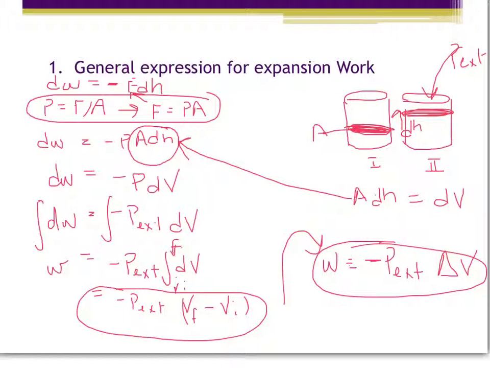So that's our basic general expression for calculating expansion work.